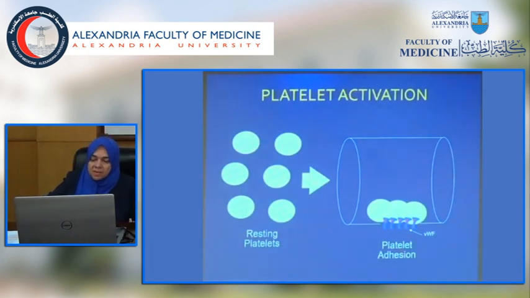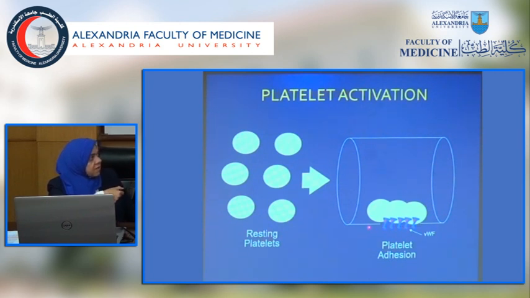What happens when there is a breach in the vessel? The endothelial cells will release von Willebrand factor into the circulation. This von Willebrand factor will cause platelets to adhere to the vessel, like shown here.